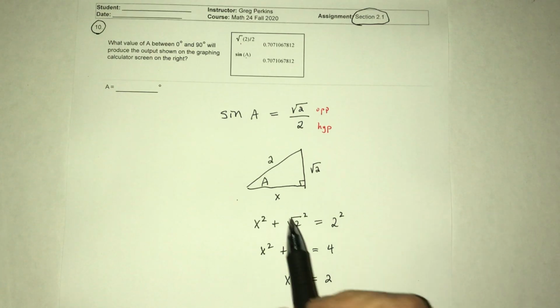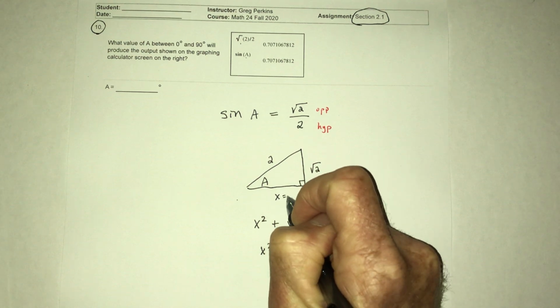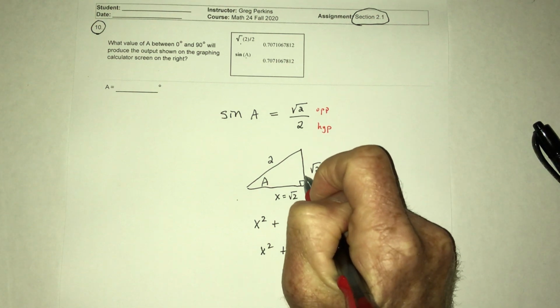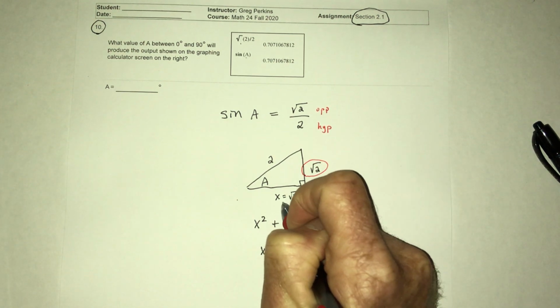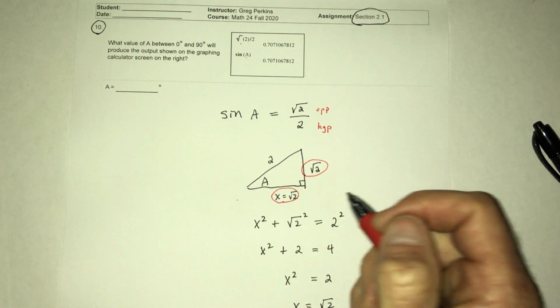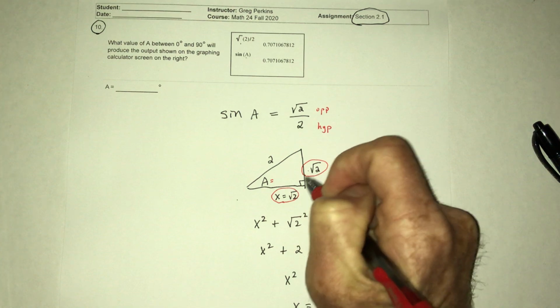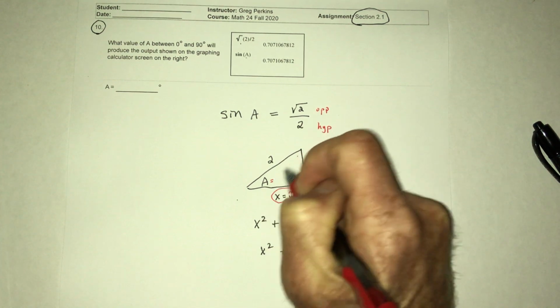Okay, now go back to the right triangle. That means this side equals the square root of 2. Well, this side is square root of 2, and this side is also square root of 2. That means if this is angle A, since these two sides are the same, these two angles have to be the same.